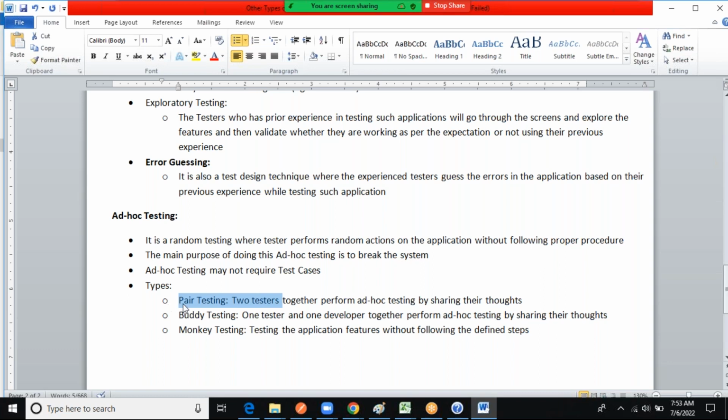In that way they also call it pair testing, but that is not the purpose mentioned in ad-hoc testing. Ad-hoc testing is a random check where you do not follow any procedure or steps. But the wording pair testing will be used in real time by your test lead or test manager sometimes when you need to pair up with another tester to complete the work.